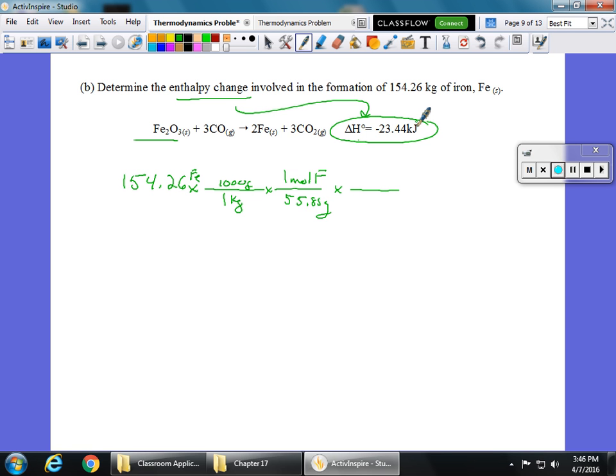This problem is telling us that this amount of heat is coming from this reaction. And in this reaction, there are 2 moles of iron. So I need to use that relationship. 2 moles of iron is going to give me this many, negative 23.44 kilojoules of heat.